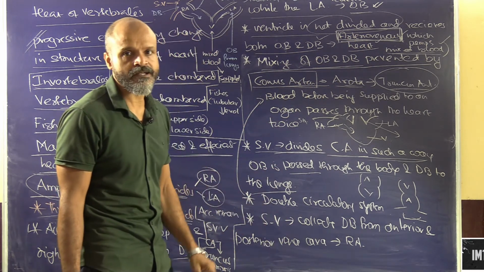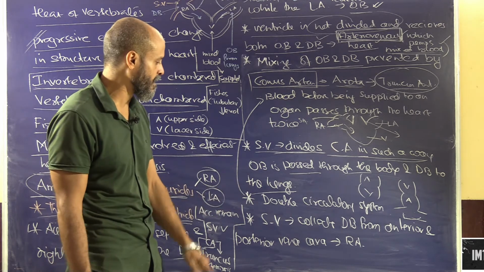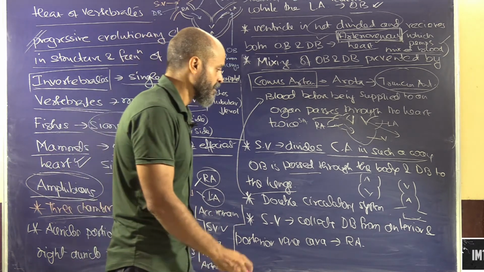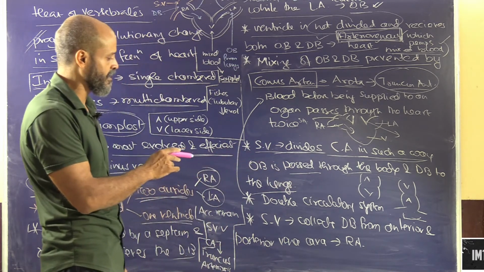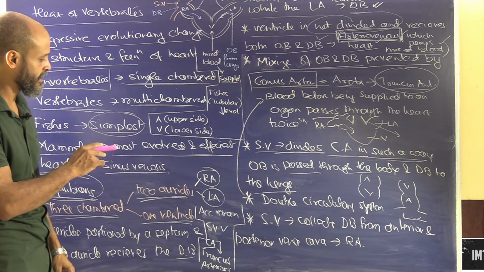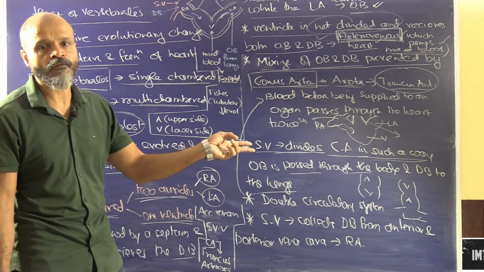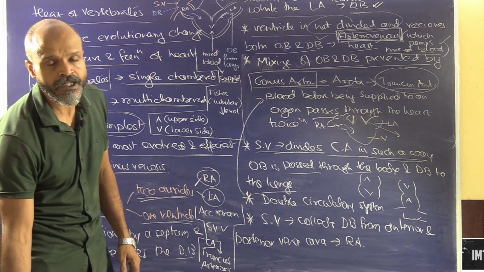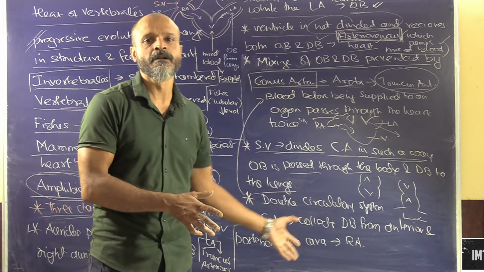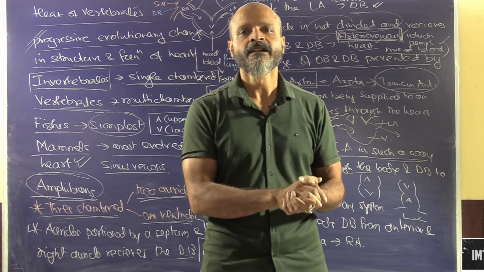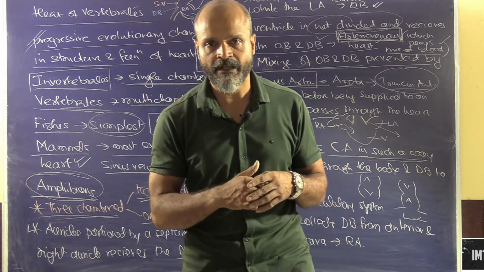Okay, so this is a double circulatory system because the blood enters twice, and there are some modifications for the accessory organs, but basically the conus arteriosus changes into truncus arteriosus, and from a single circulatory system the changes have happened to a double circulatory system. So that's basically the evolutionary pattern that has happened.